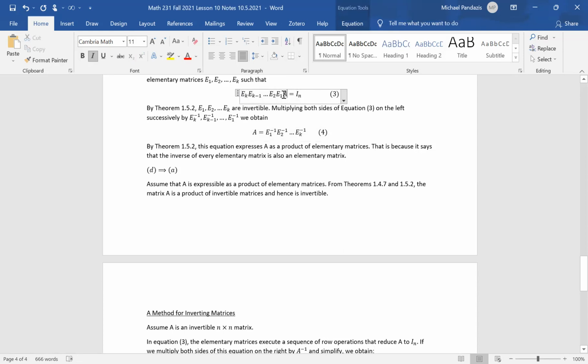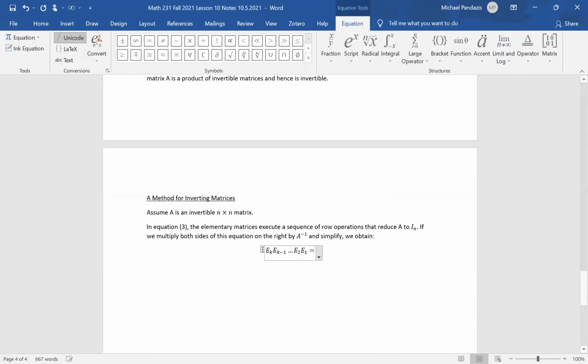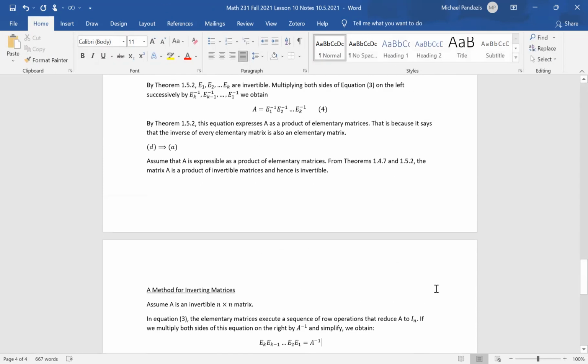So this A will cancel with the A inverse. And on the right, an identity matrix times A inverse is A inverse. So we get A inverse on the right side, and the product of these elementary matrices on the left side.